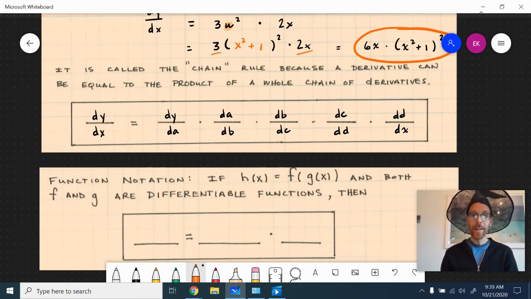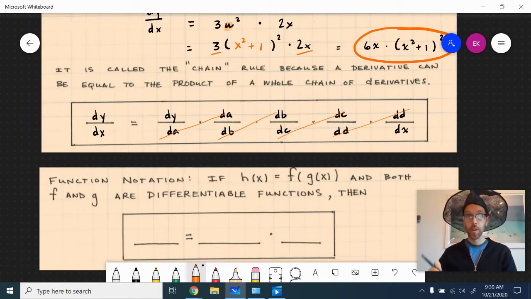It doesn't matter as long as you have cancellations here and here and here and here that will eventually simplify your expression back to dy dx. So the point is that we can have a chain that's longer than just two derivatives multiplied together.